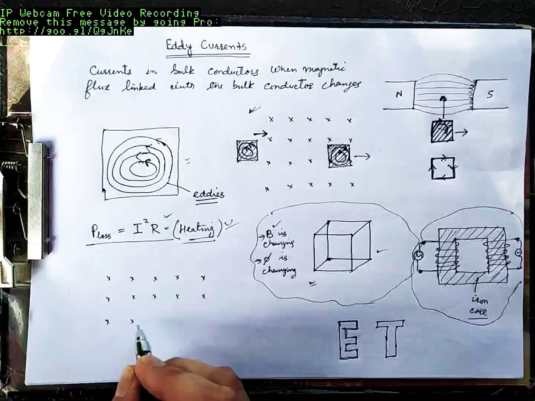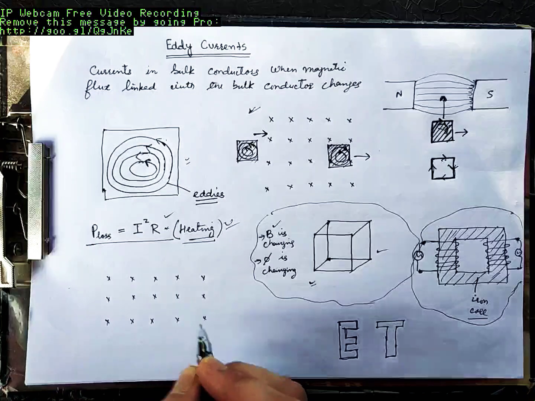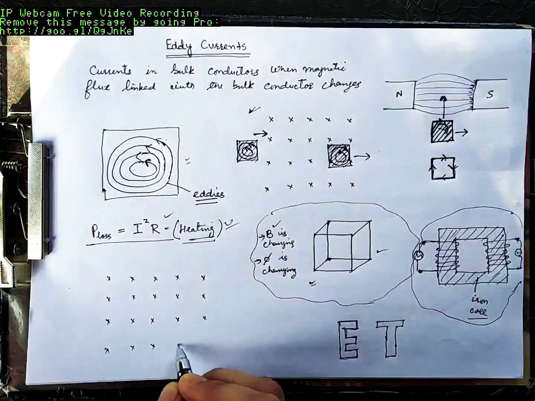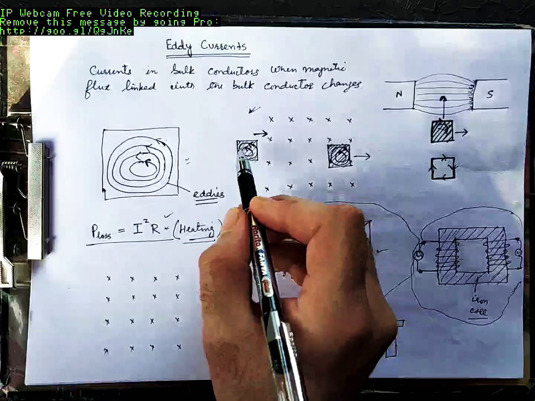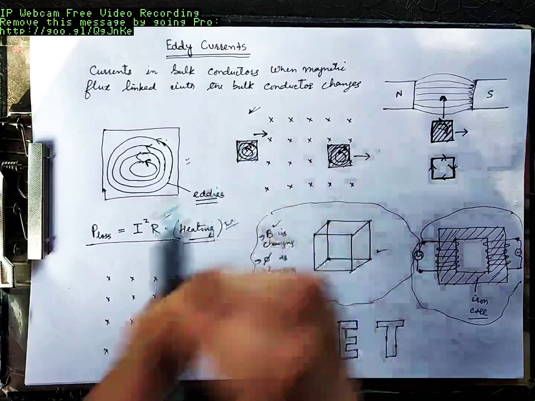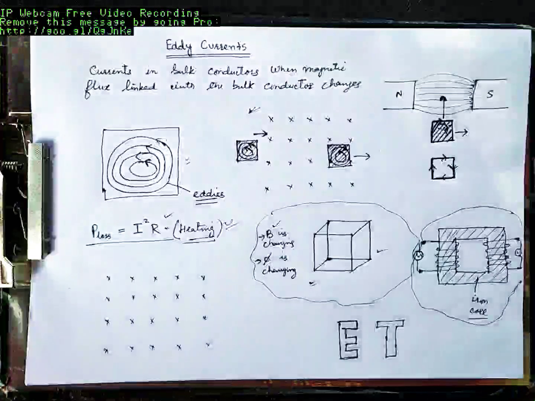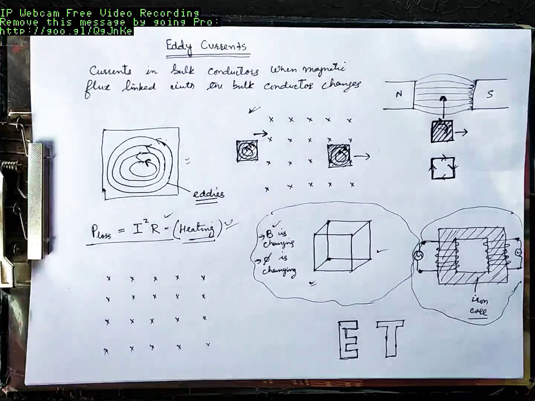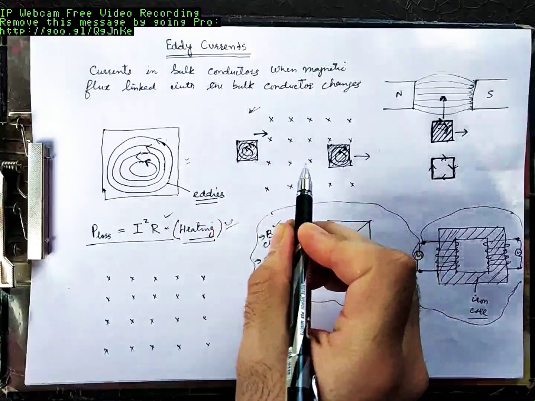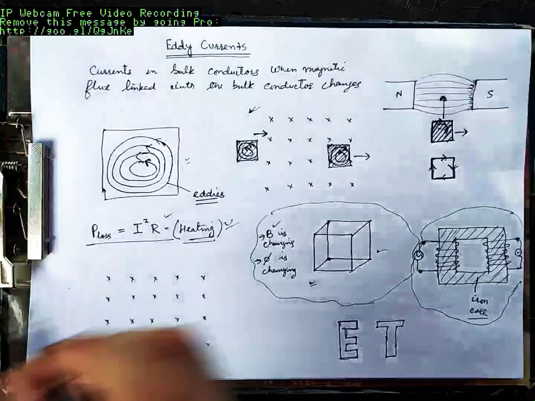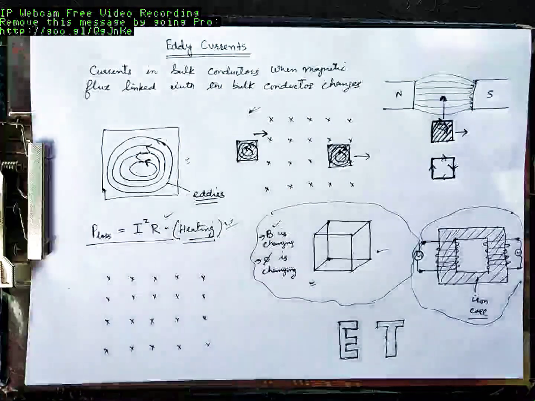I will explain it in detail there, but this part we will finish here. Here I assumed I am using a solid rectangular shaped conductor, and I am bringing this inside the magnetic field, so an eddy current is induced in this. These are the eddy currents, so this will get heated up.